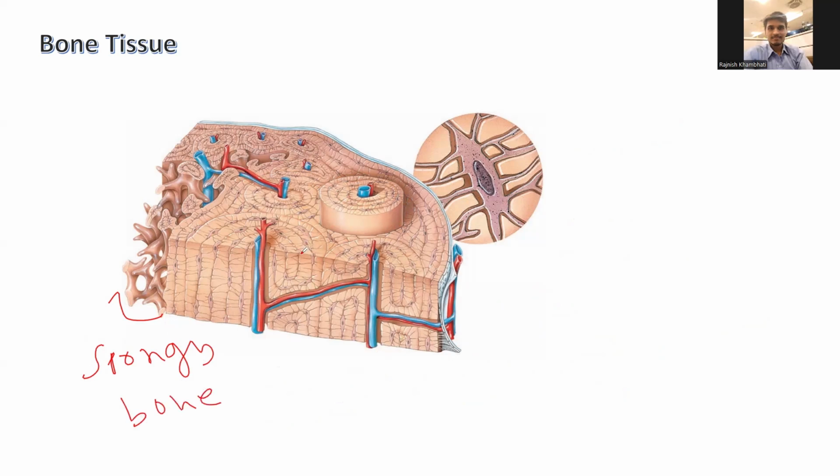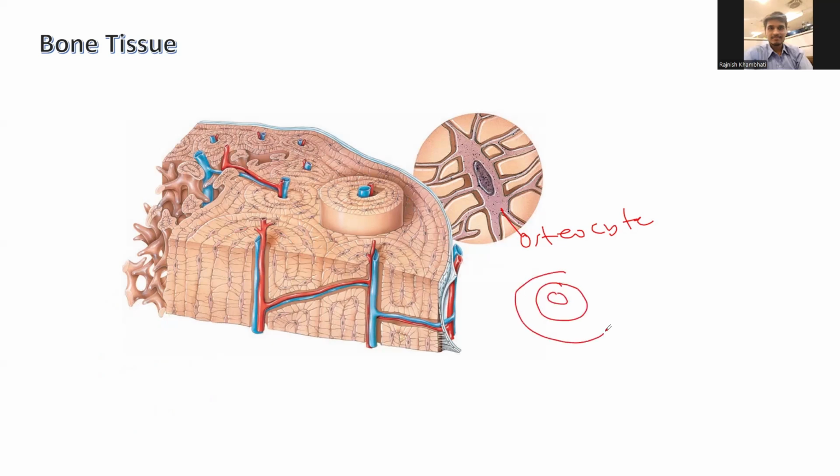And in this concentric lamellae, you can see that these are the cells, which are osteocytes. They are present in this concentric lamellae. Let me again draw it for you.